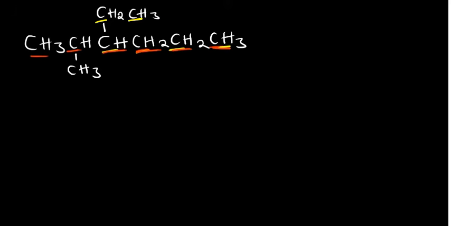In such a case, the six carbons represent hexane, and then the subchains are this one and the other one.